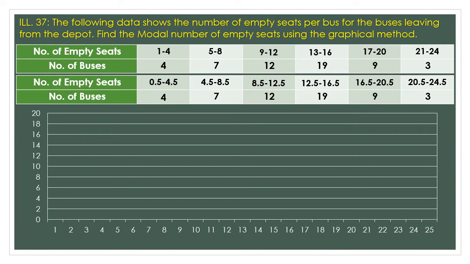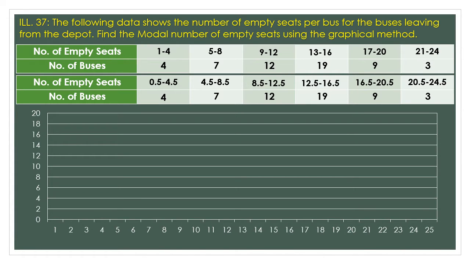As you can see, the class lengths are 0.5 to 4.5, 4.5 to 8.5. I have drawn the data here. The maximum data goes up to 19, so I am taking 0, 2, 4, 6, 8, 10 up to 20 on the y-axis, and on the x-axis, because our data is already small, I am taking from 0 to 25. So I am directly taking values of 1. You can even take values of 2 if you want.